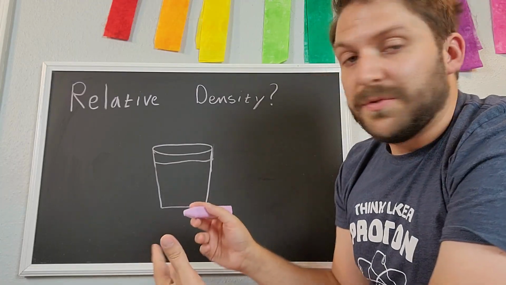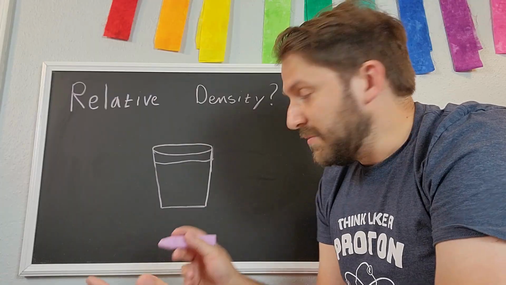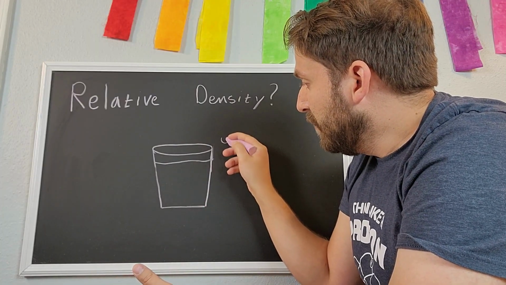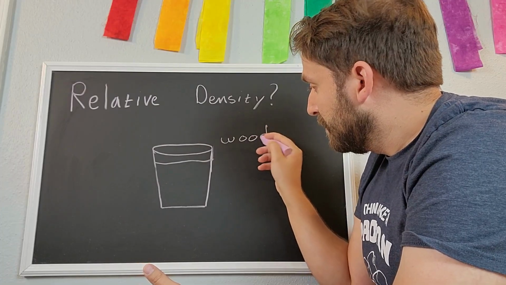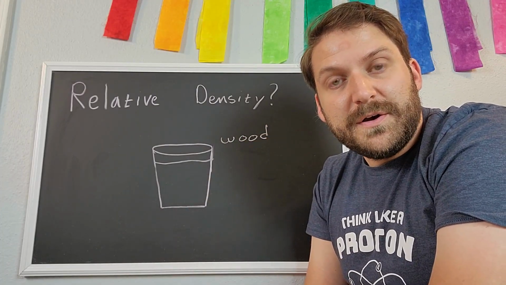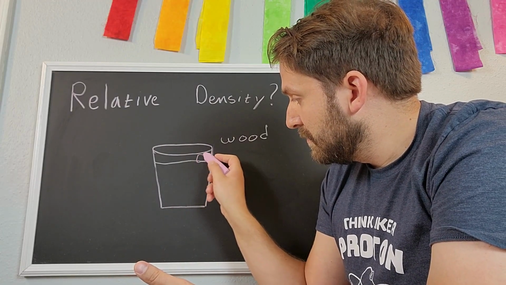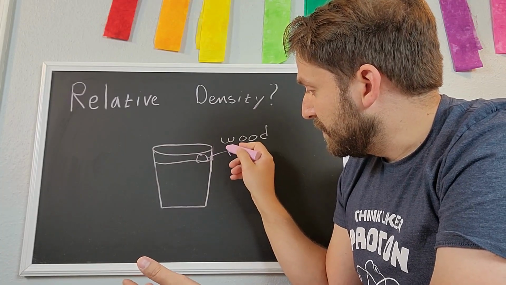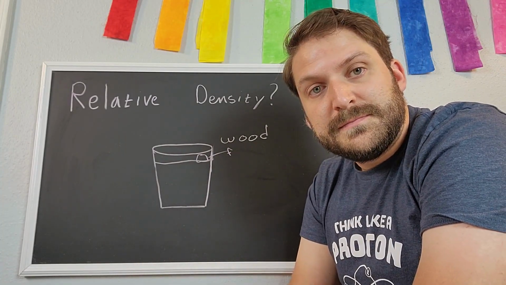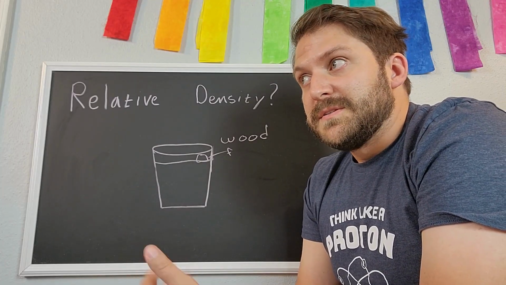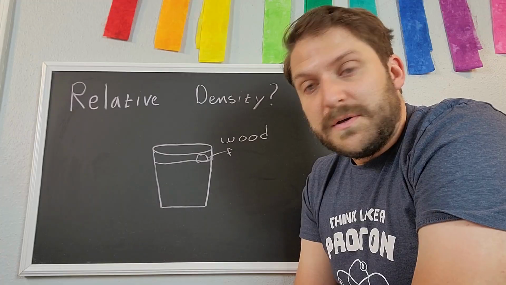So let's start with everyone's favorite easy example. What are some things we know? Wood. What happens when you put wood in water? Most people know this, but it floats. It floats. I'll just put an F there. Now what happens, let's say, if I put a glass marble in water?